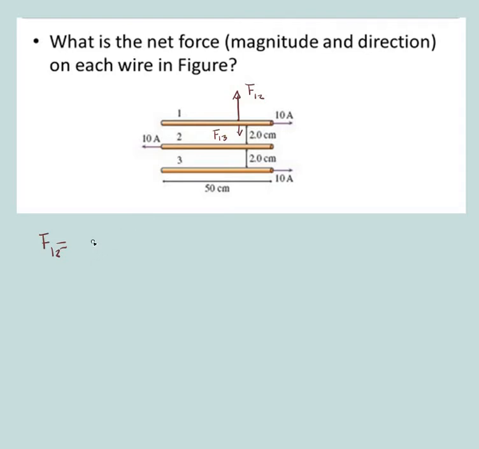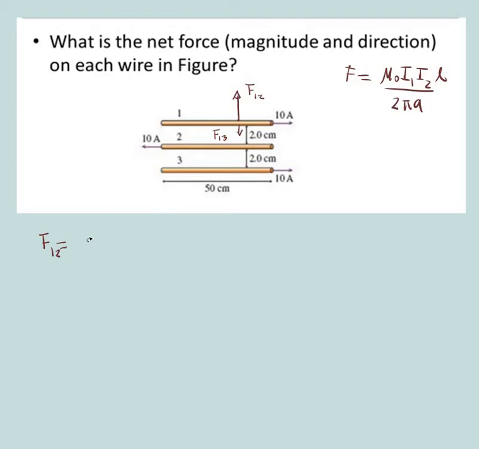In this case, if you remember, the equation was, let me write it here. F is equal to mu, the permeability, times the current of the first wire, the current of the second wire, times the length, all divided by 2 pi a, which is the distance between the two cables.